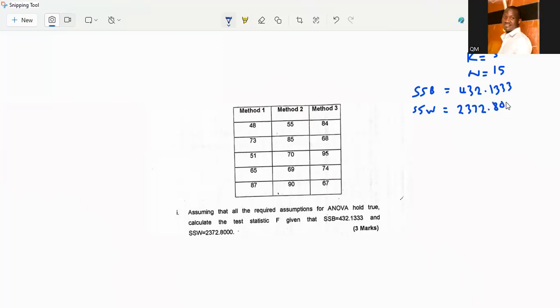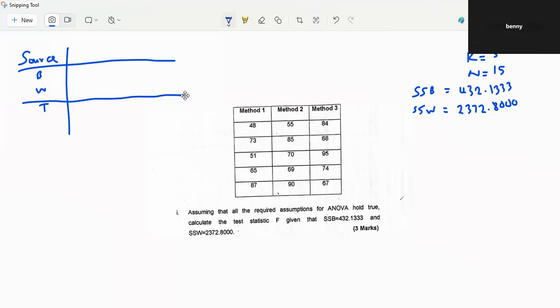Okay, so help me now come up with the ANOVA table. How do we do the ANOVA table? What are the three sources? We have between, within, and total. So what is the sum of square between? 432.133.